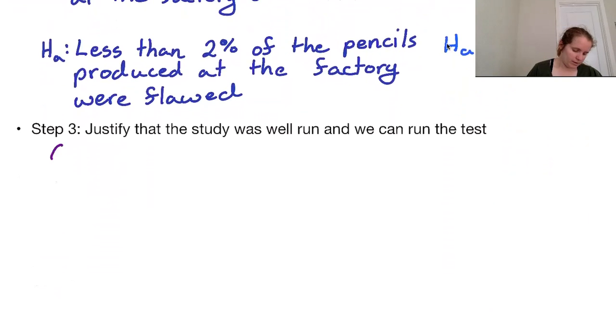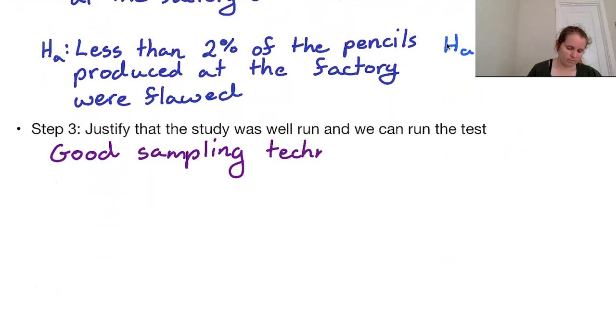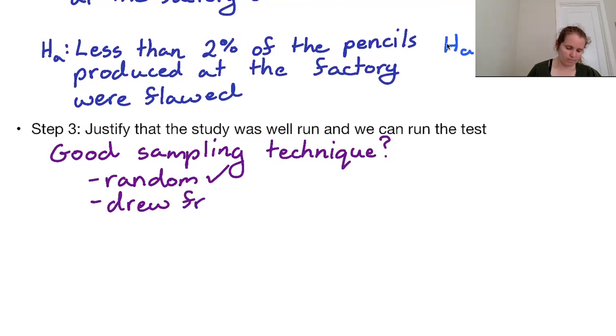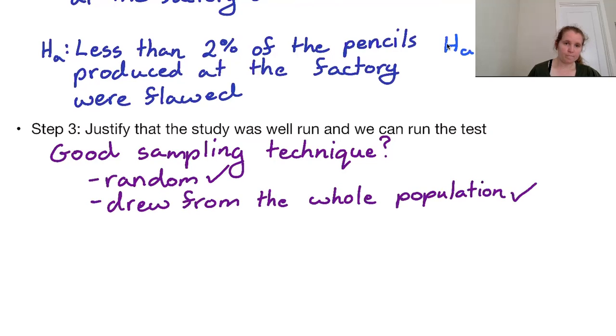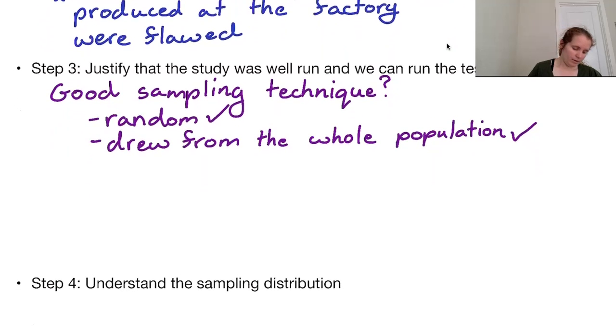So we need a good sampling technique. We have random and drew from the whole population. We need normality of the sampling distribution.